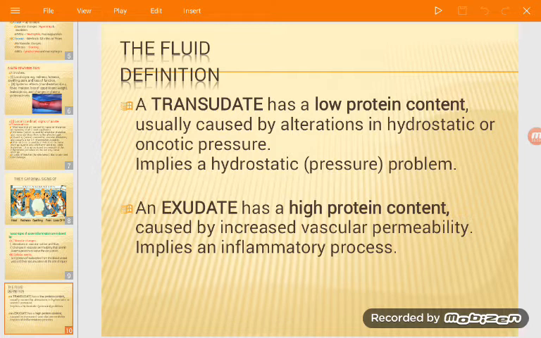Exudate indicates that the fluid has high protein content, and this is due to increased vascular permeability, which occurs in inflammation. In inflammation we find edema, or fluid outside the blood vessels, but it has high protein content, and is called exudate.